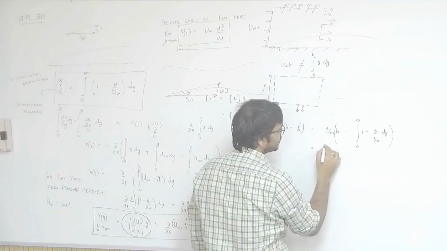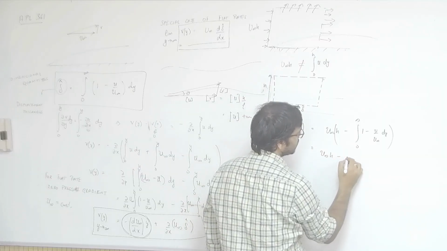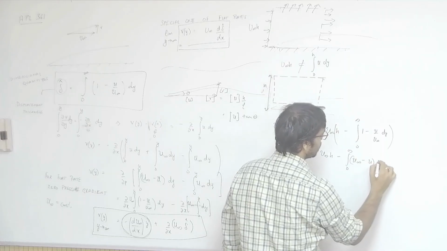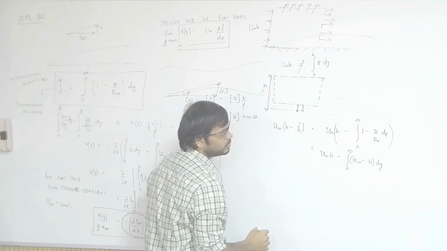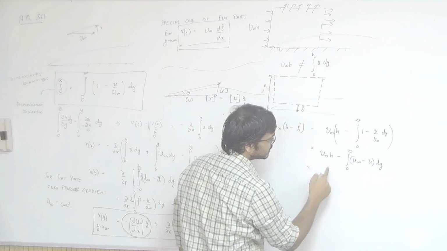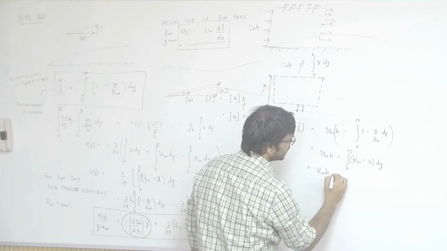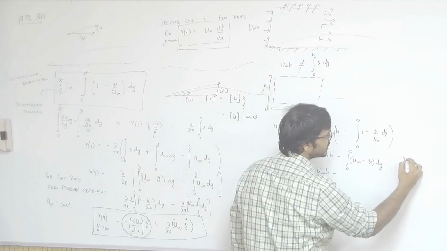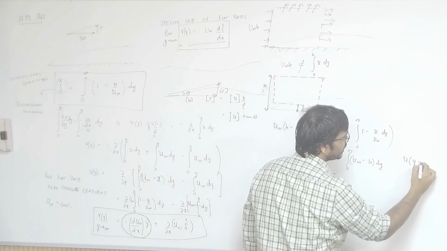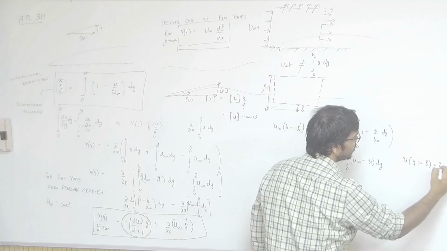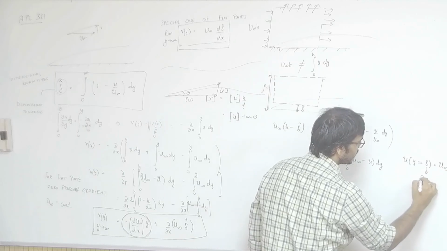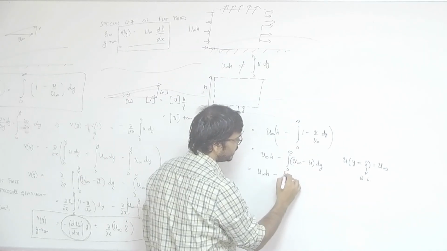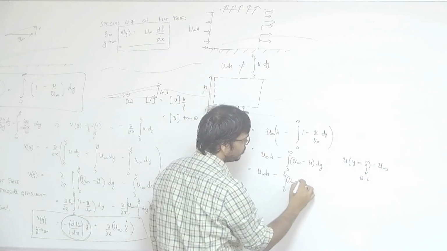Let us look at what this quantity gives us. This is basically u infinity h minus this quantity, and we say that u at y equals delta becomes u infinity, where this is the boundary layer thickness. So you can also write it as the integral from 0 to delta of u infinity minus u dy.